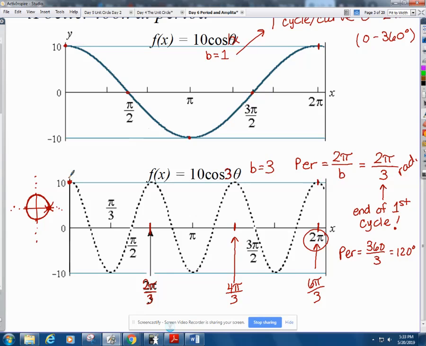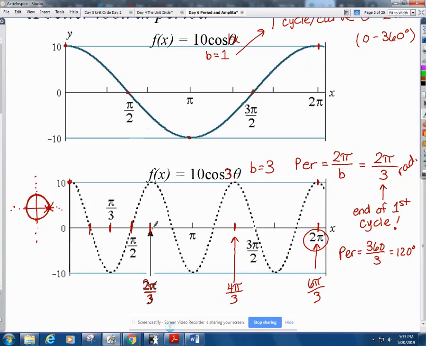So this is my starting point, but I have to split this into fourths. I have to say, okay, here's 2 pi over 3. So halfway around the circle is going to be half of 2 pi over 3, which is at pi over 3. And then if I split those in half again, I've got a spot for all 4 of my points.